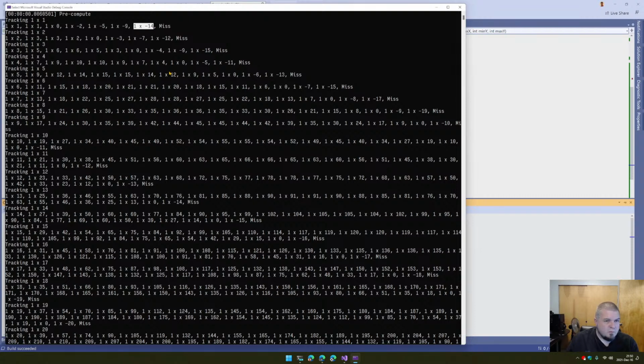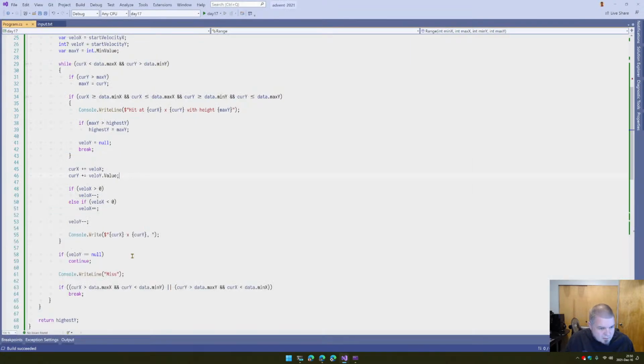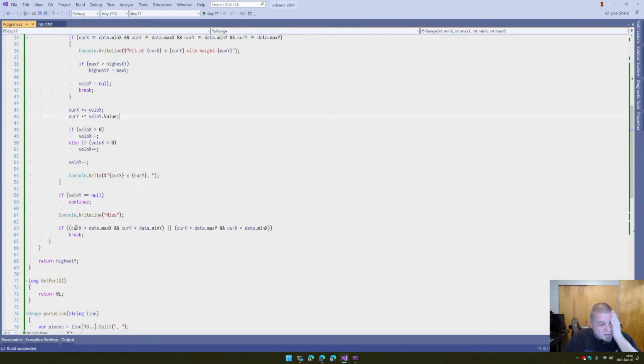So we get to 1, negative 14, right? That's an overshoot on the x side. Oh, you know what? I probably have these wrong in my head. So an overshoot would be, this is an overshoot, which means this needs to be an undershoot.